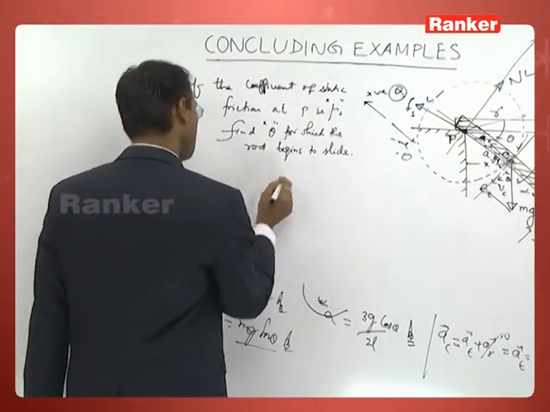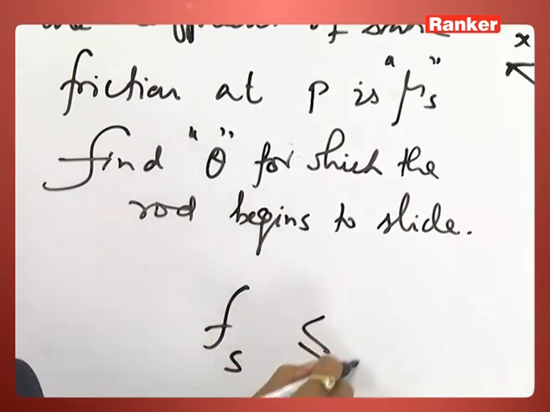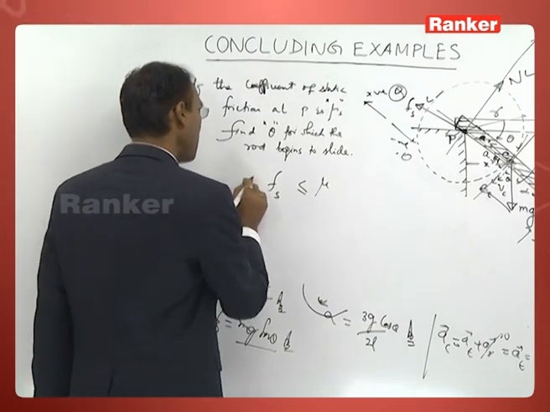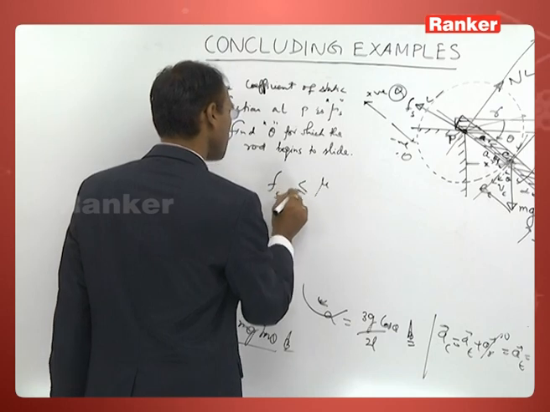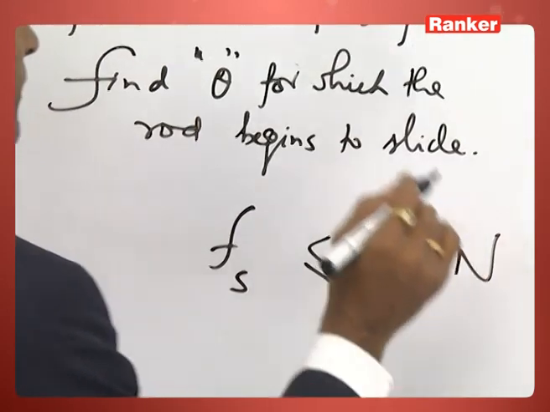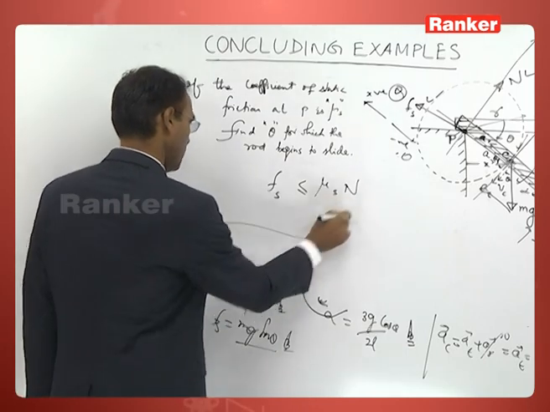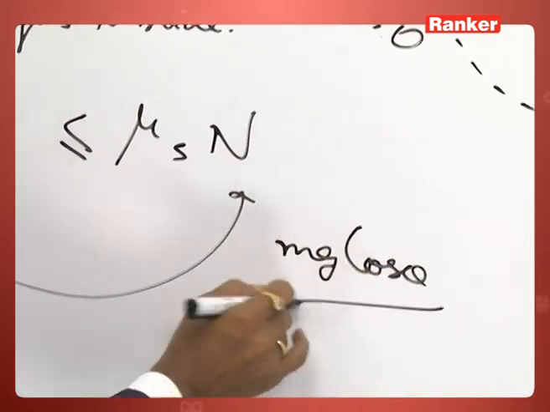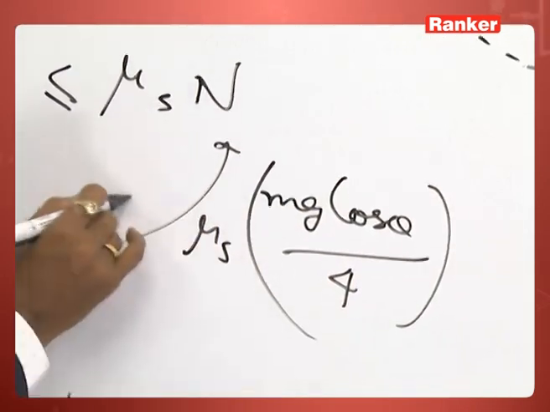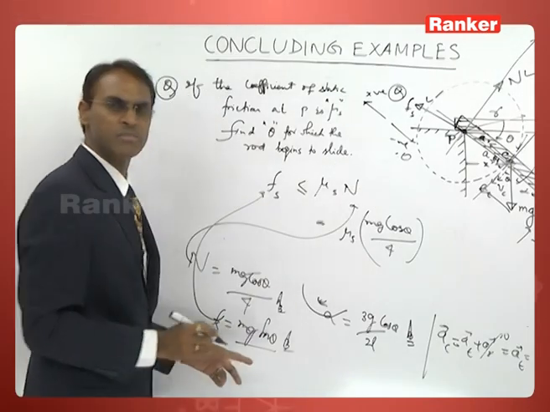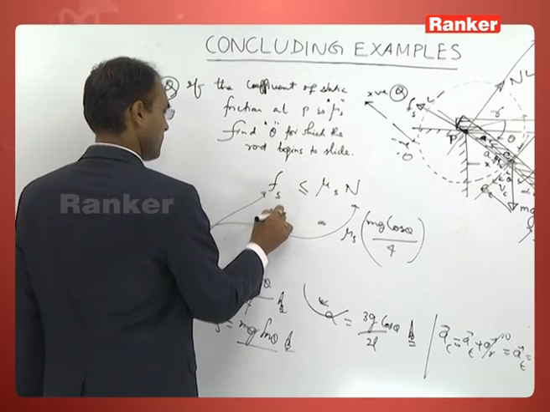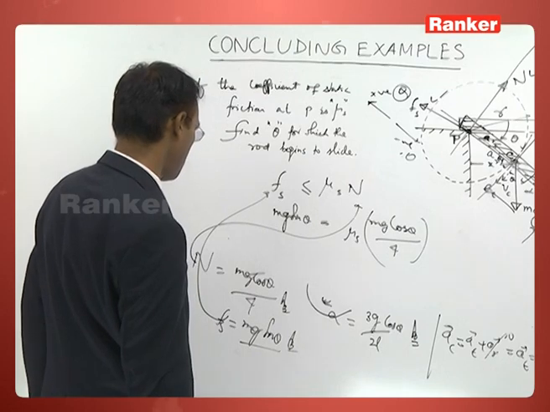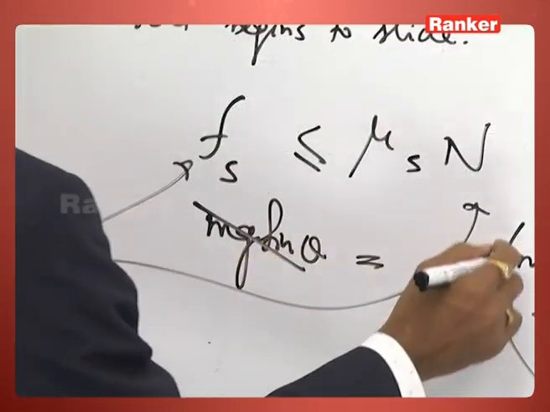For this you need to write an extra equation, that is none other than the law of static friction, which states that Fs is less than or equal to mu s into N. Here N is equal to mg cos theta by 4 and Fs is equal to mg sin theta. mg will get cancelled.